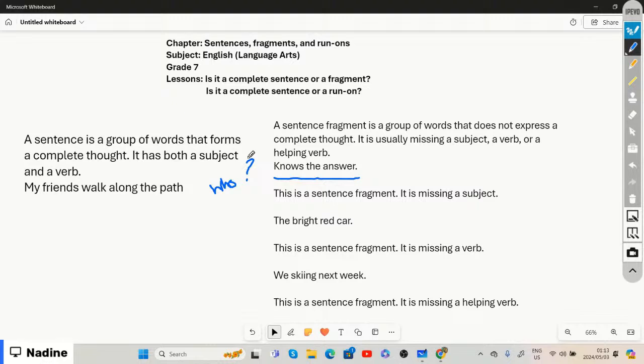So if we look at that fragment that says "knows the answer," I made a question mark in front of it because the question is who knows the answer.